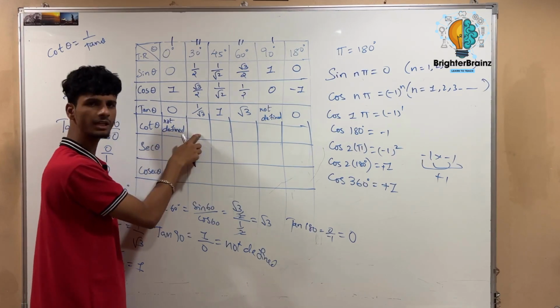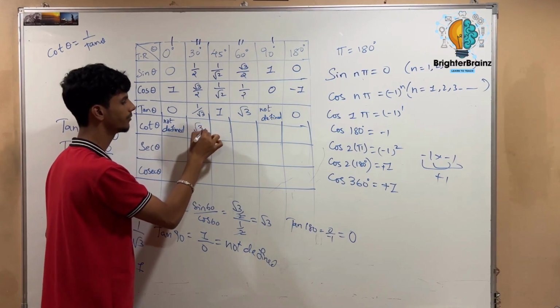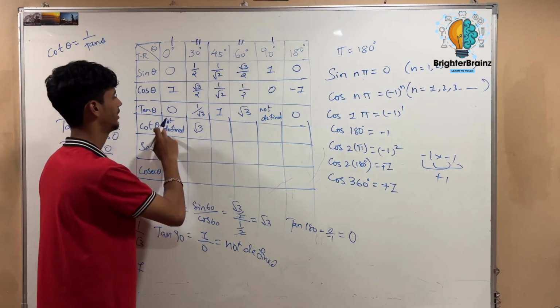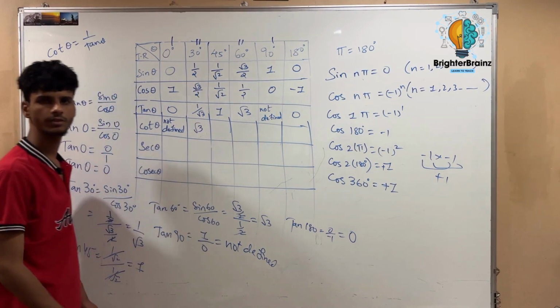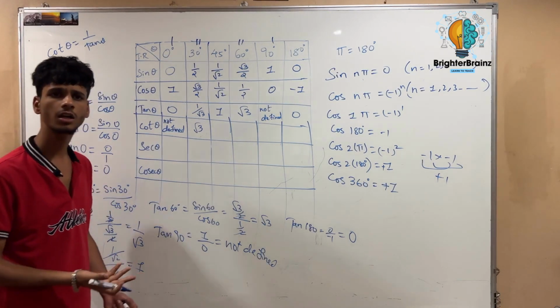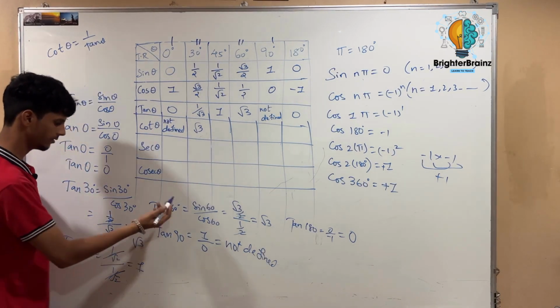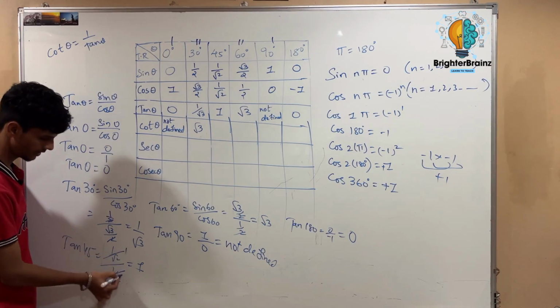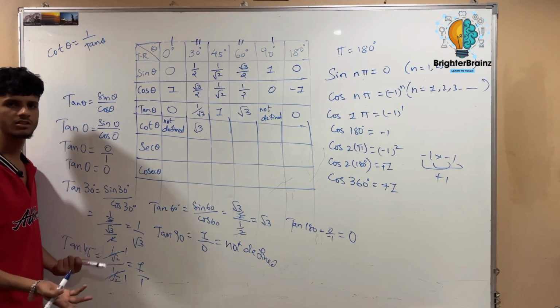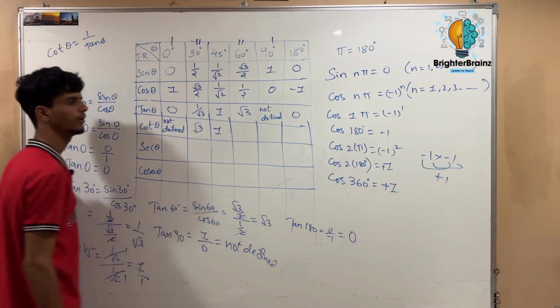Then cot 30 becomes root 3 by 1. It is nothing but root 3 itself. Next, cot 45. Tan 45 is 1. So cot 45 becomes 1 by 1, the same thing. So 1 itself.